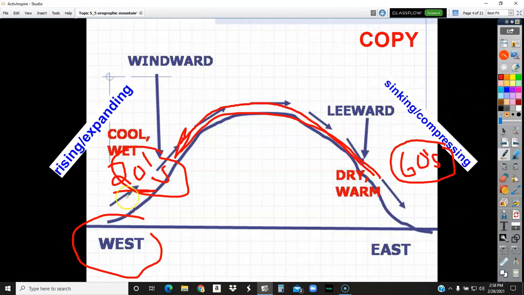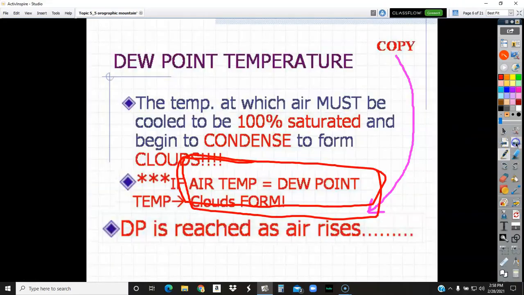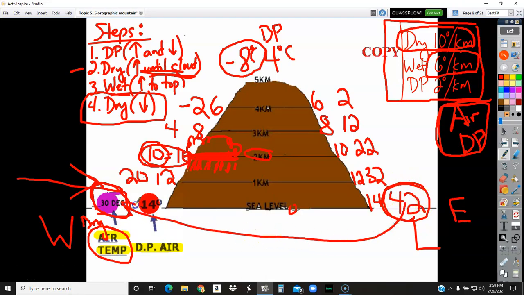If you go back to the beginning of this video, let me go back for a sec. Remember I said that the windward side is always cooler and wet. The leeward side is always drier and warmer. That's what you want to look for. You want to look at your air temps. It was 30 degrees on the cooler side, the windward side. It was 42 degrees on the leeward side. This number over here on the leeward side should always be greater than what you started with.